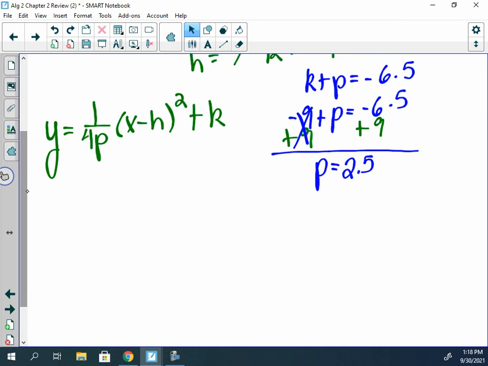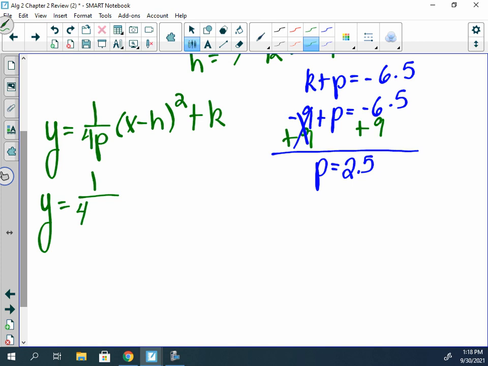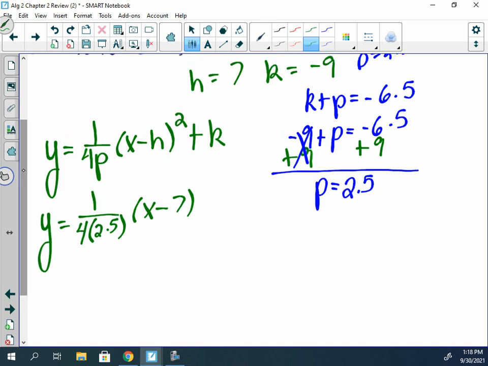I'll scroll back up. So here we would have y is equal to 1 over 4 times 2.5 times (x minus h, which was 7) squared plus -9.